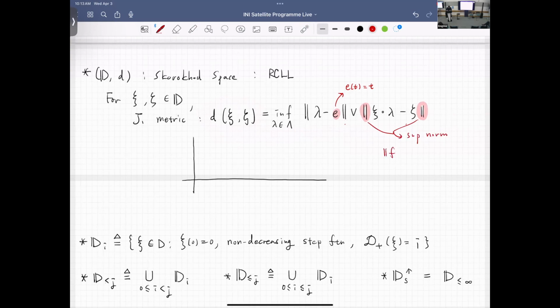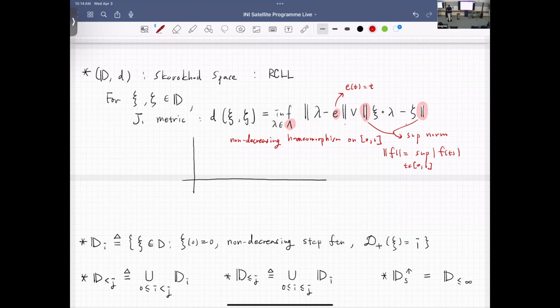In other words, this is the supremum of f between 0 and 1. And this is the set of all non-decreasing homeomorphisms between 0 and 1.